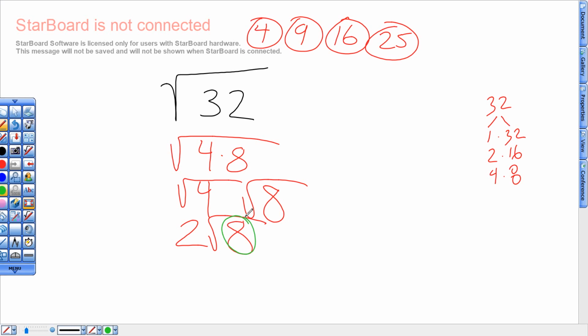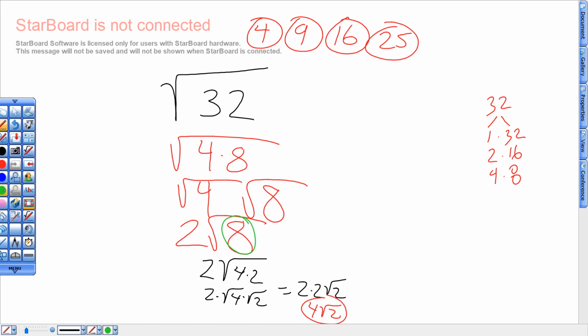So you'd have to say, okay, I'm going to leave this 2 alone. 8 is 4 times 2 again, which is 2 times root 4 times root 2, which becomes 2 times 2 root 2, which gives you 4 root 2. Do you see that?